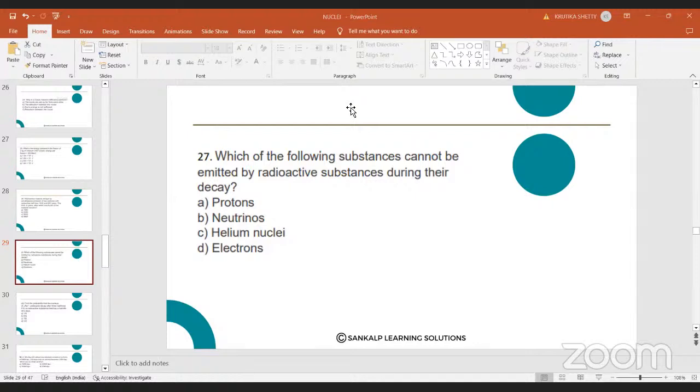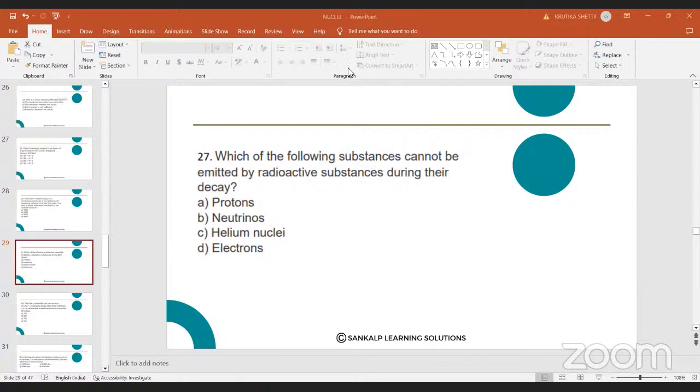Protons, both A and B. Radioactive substance.